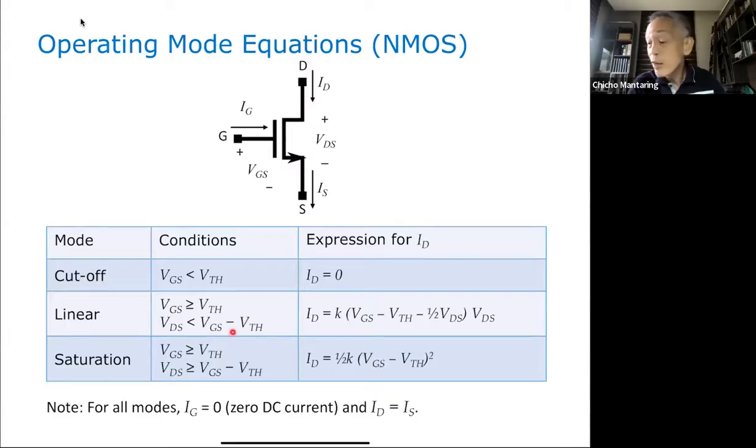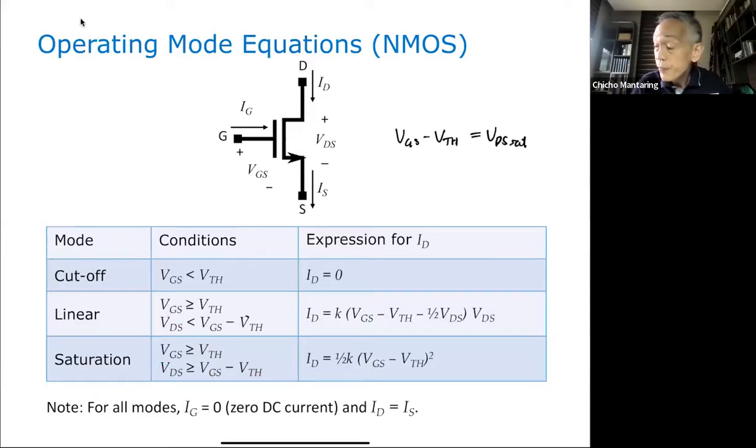If you will recall, this quantity, VGS minus VTH, is equal to VDS SAT, VDS saturated. When VDS is less than VDS SAT, then you're linear. When VDS is greater than VDS SAT, then you're saturated.